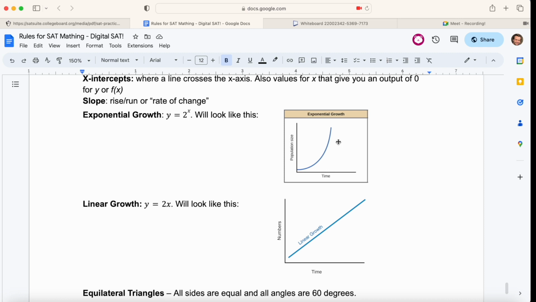There are lots of things that grow exponentially. Human populations grow exponentially. Generally, investments grow exponentially, because you're not increasing by the same amount every year. You might be increasing by the same percentage, but let's say it's 7% every year, and you've invested $100, like in that example I gave you previously.